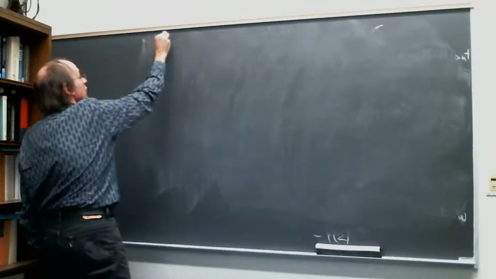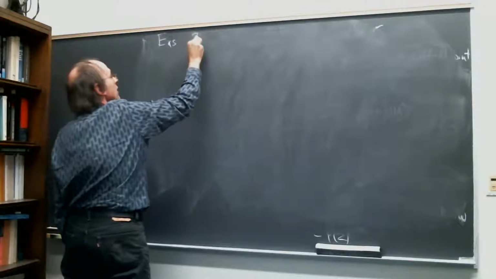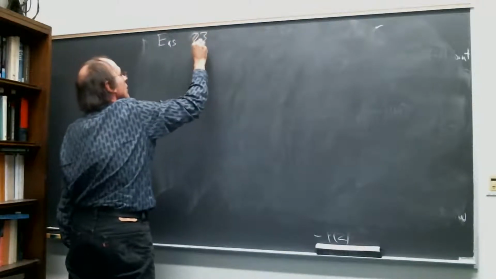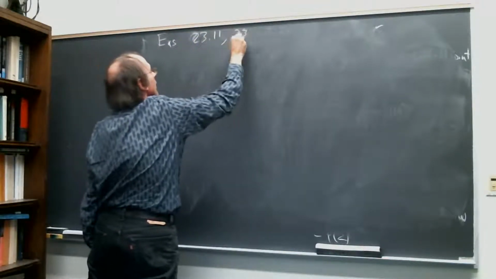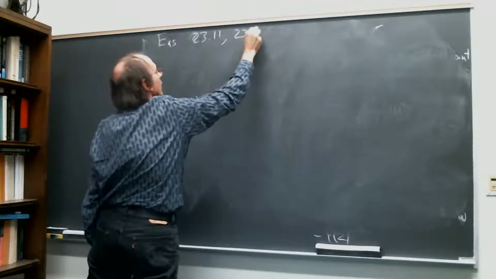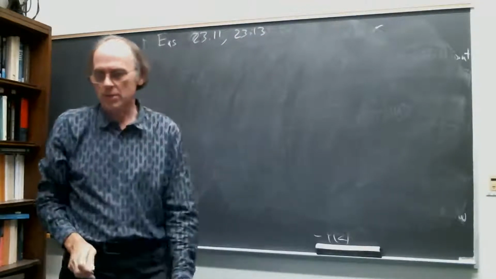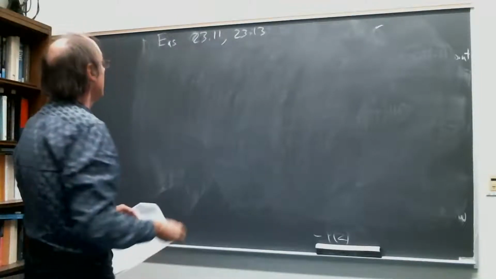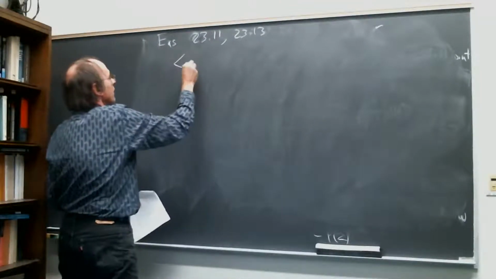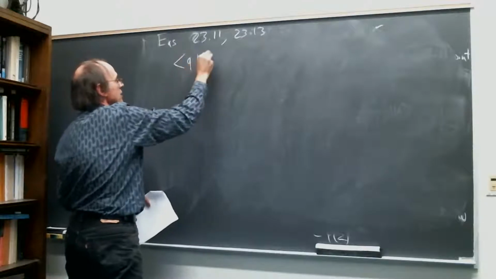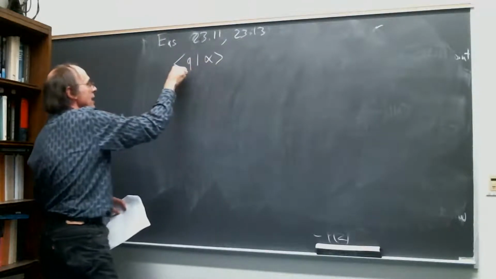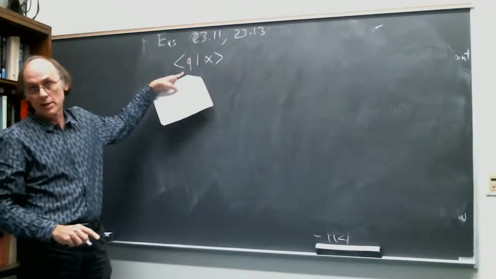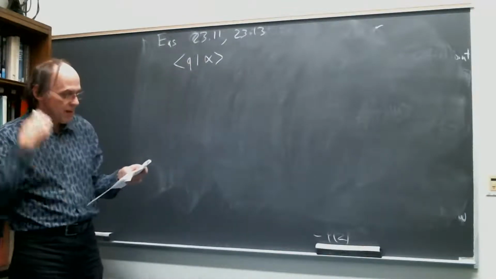There's the full derivation, and there I'm getting the relationship between a coherent state in this Q representation.